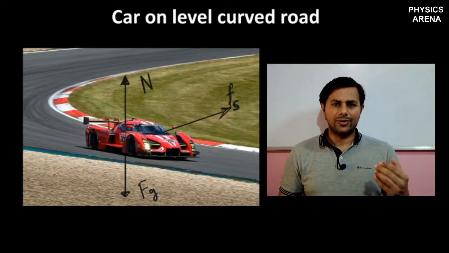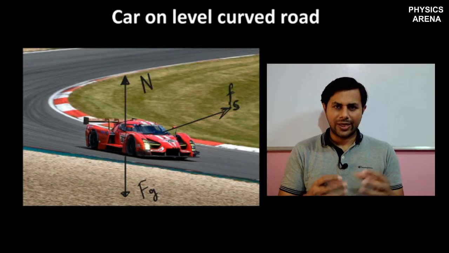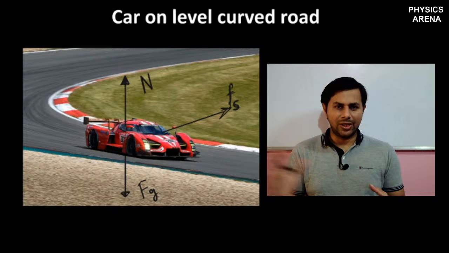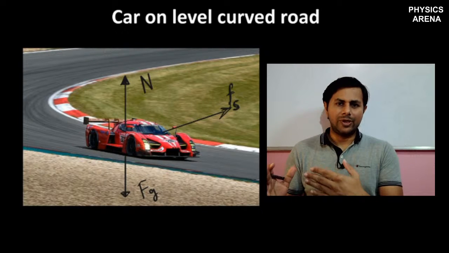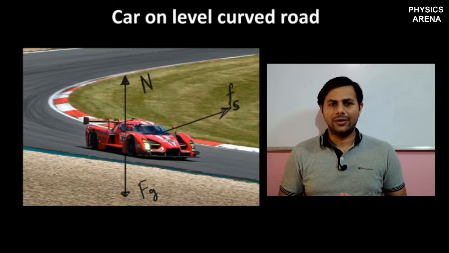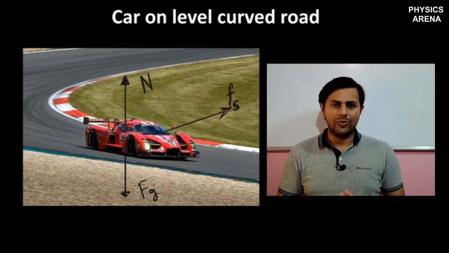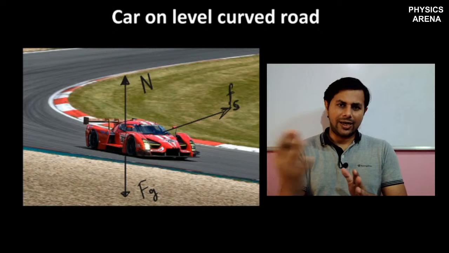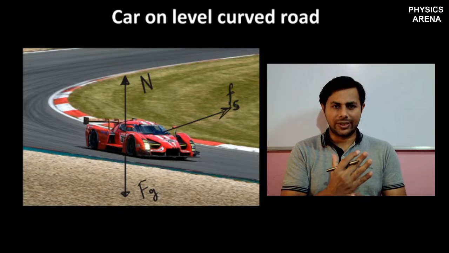So how can you explain this motion? You will say that there is some pseudo force acting on me which is pushing me away from the center, towards right. But actually what's happening is you are moving straight and it's the car which is moving towards left.